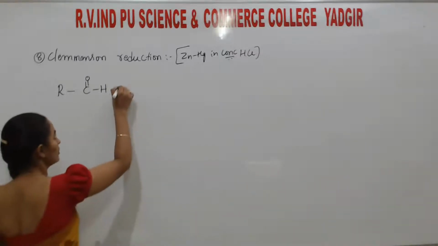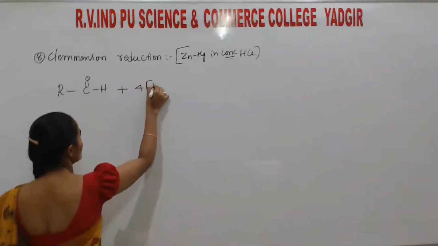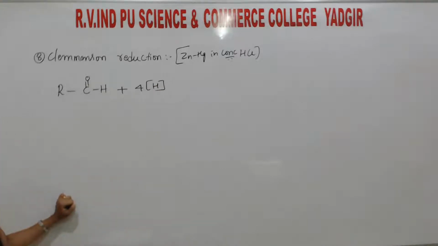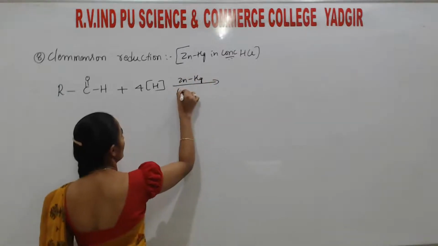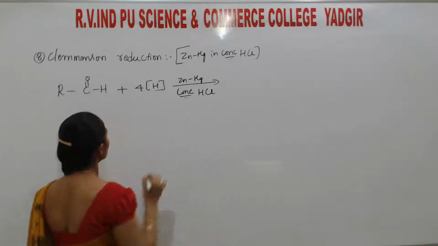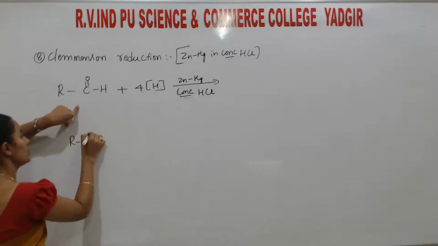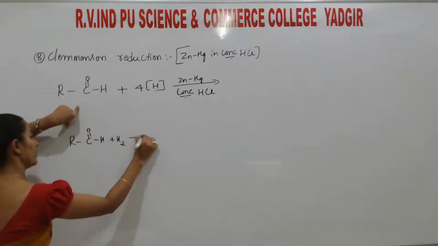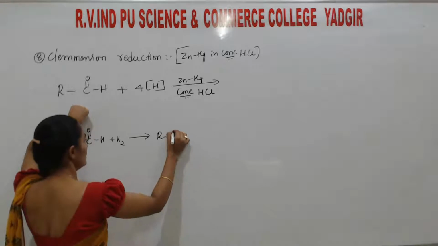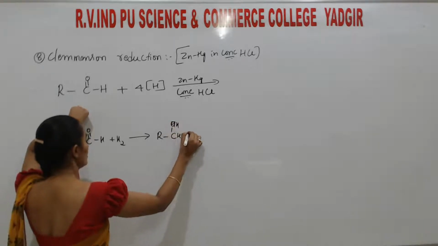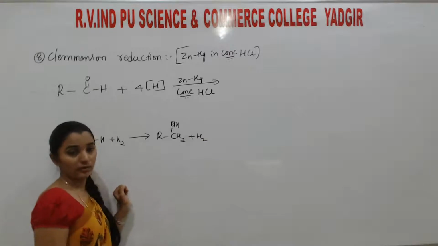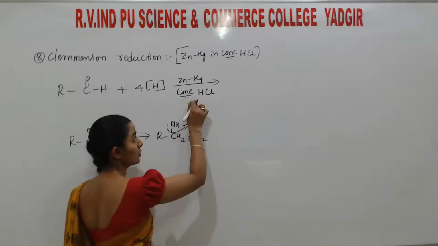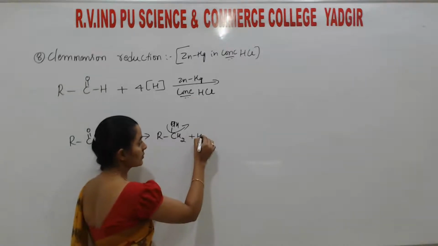Students remember, initially if RC double bond O H is there and H2 is added, we get R, C, H, OH, H. If to this H2 is added again, OH minus is removed from here because we are using concentrated HCl, an acid, so H plus is removed from here.